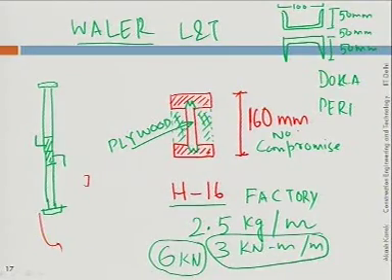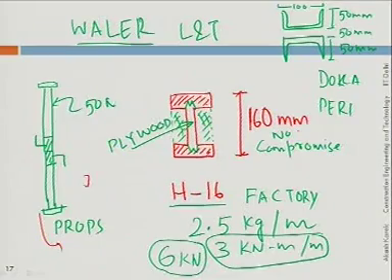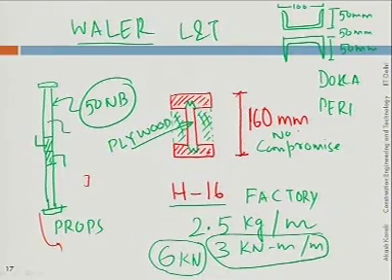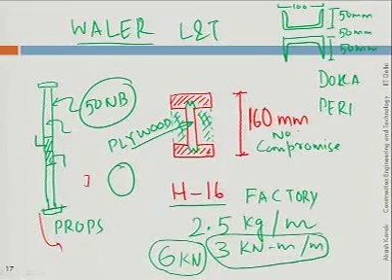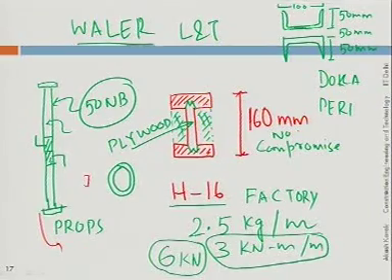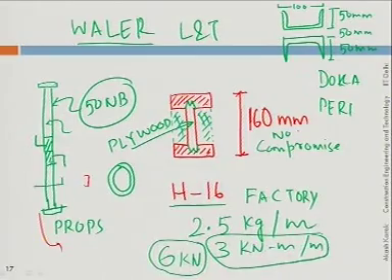So this is how the alignment props are manufactured. This is about 50 NB pipe, 50 NB prop. These are basically hollow. If you see it in section, it would be something like this. So if you cut a cross section here, you will find this. Is this clear to you, technology class?